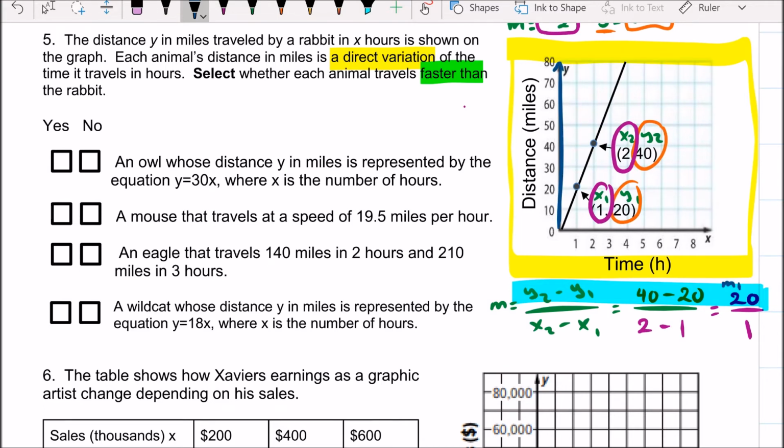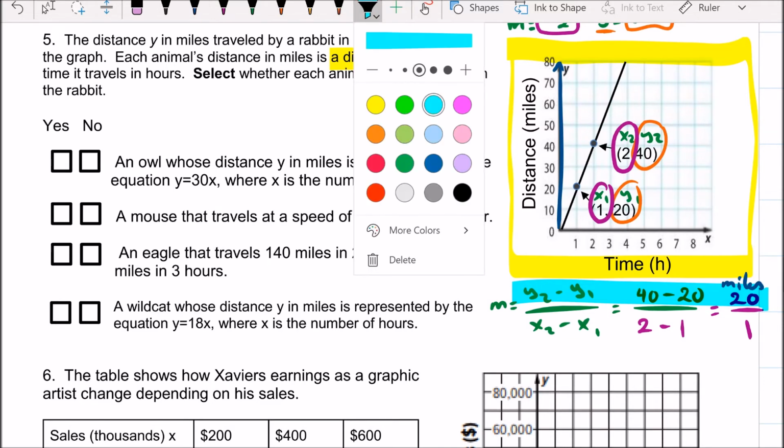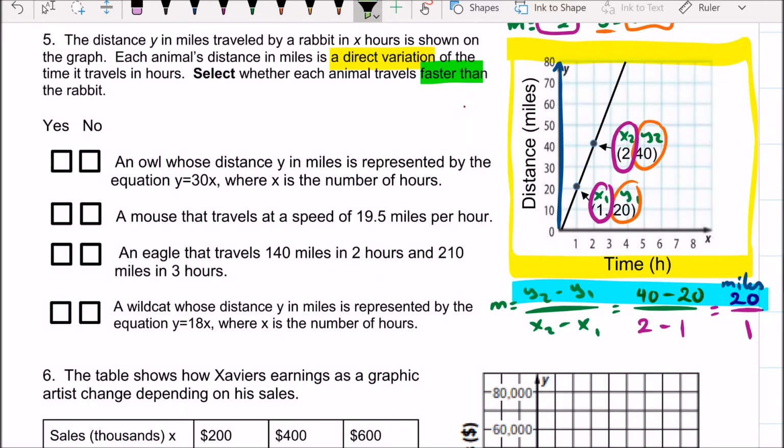So 20 miles, and 1 at the bottom comes from the x value, and in this case x stands for hours. So 20 over 1 hour means that a rabbit can run 20 miles in 1 hour. Okay, 20 miles per hour.